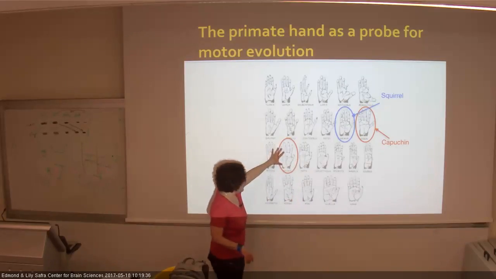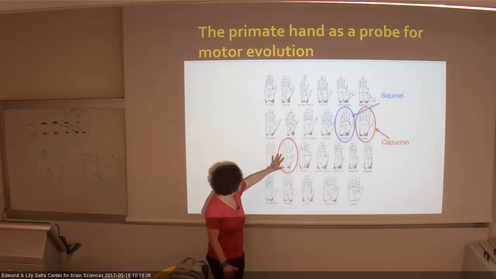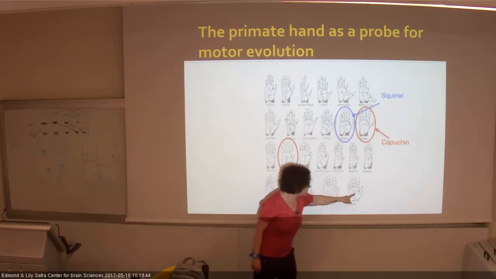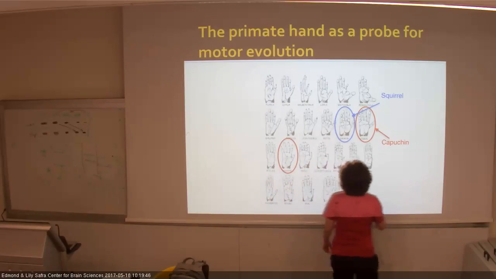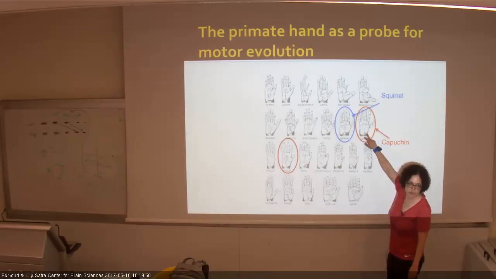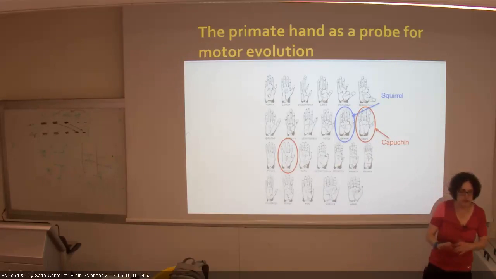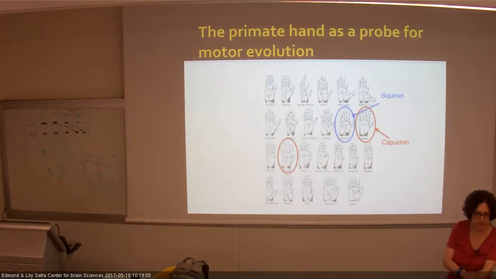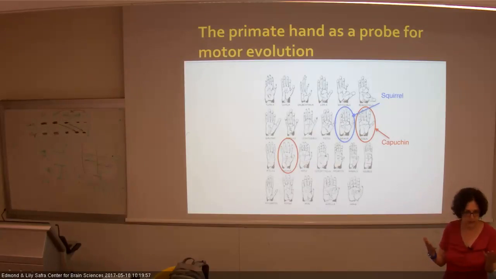So this is the hand of the macaque, which is the normal primate used for studies, similar to humans. And these are two examples, a squirrel monkey and a cebus capuchin monkey. Both of them have very similar organization of muscles and a very similar hand.